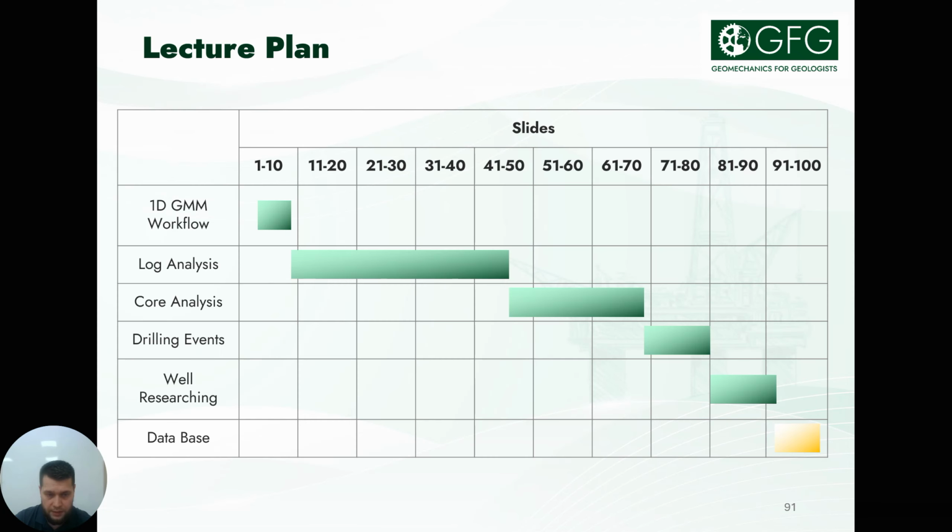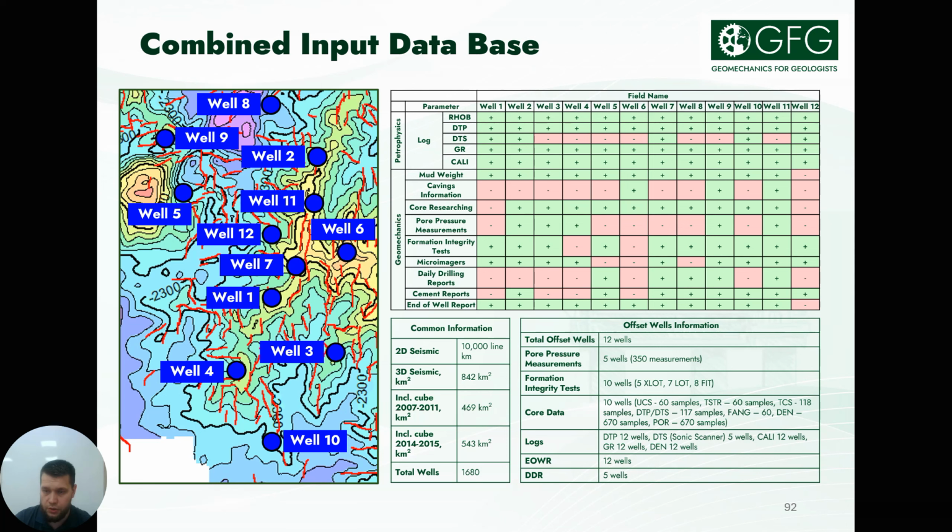And the final topic is the database, which is a conclusion of our lecture for today. So to summarize, this slide is a result of everything we talked about above.